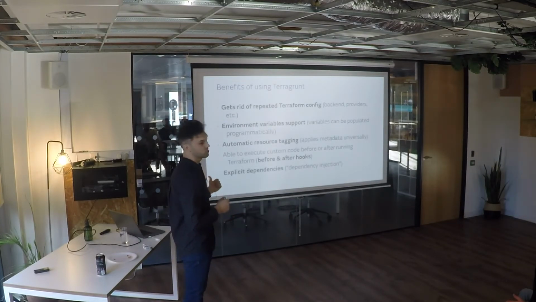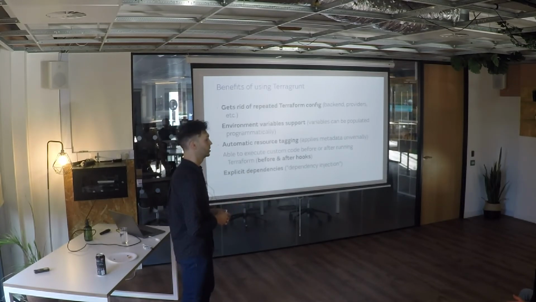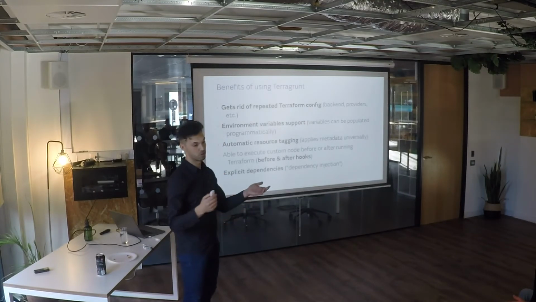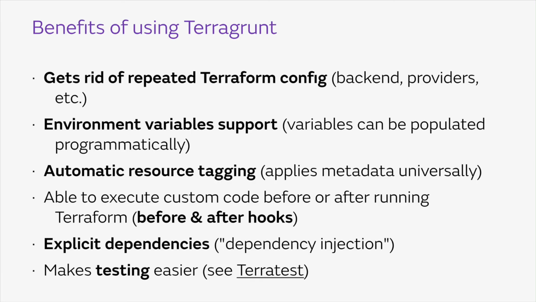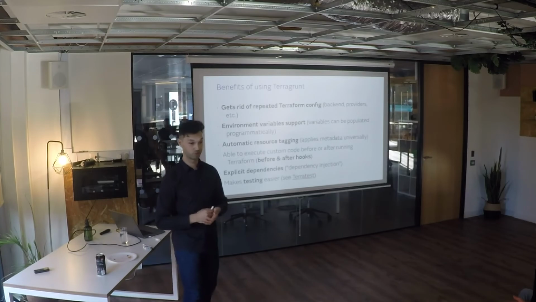We get explicit dependencies, so we can have a sort of dependency injection, which I've noticed software developers value a lot more than maybe pure WebOps engineers. And because of that, testing becomes much easier. And I'm making a special reference to the tool Terratest, which, this being a lightning talk, I'm not going to talk about today.